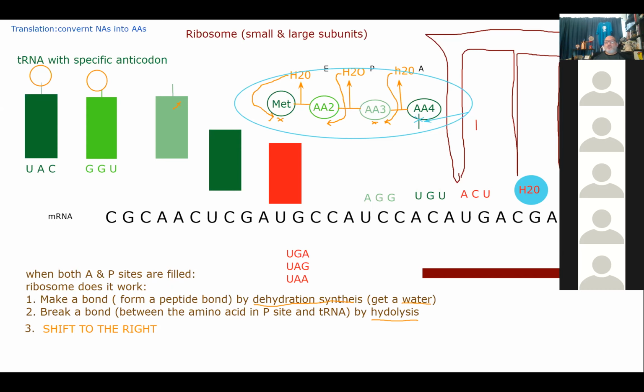In fact, what's really cool is that because of the way the ribosomes work, while one ribosome grabs on and starts moving down, a second one can grab on and start moving down. So multiple ribosomes can be reading the messenger RNA at the same time.